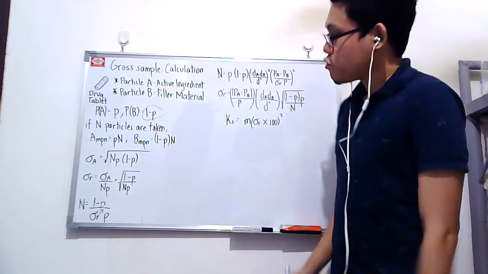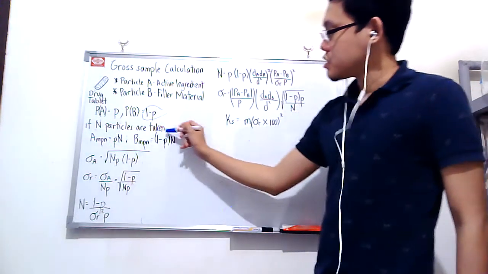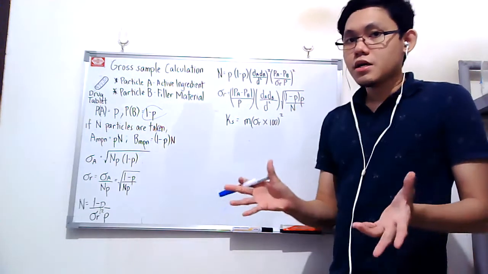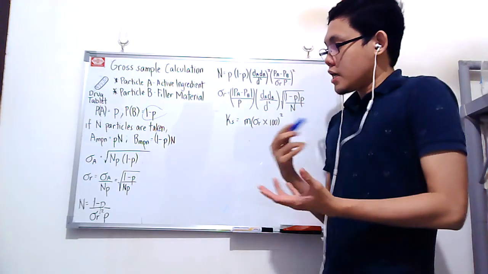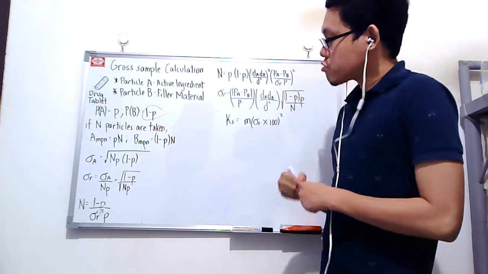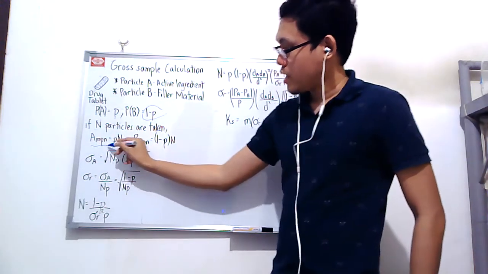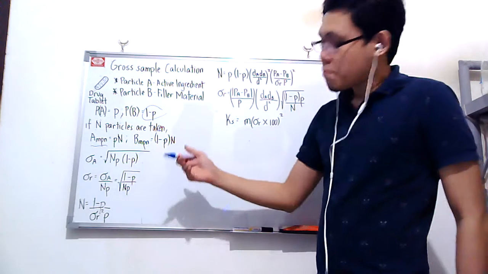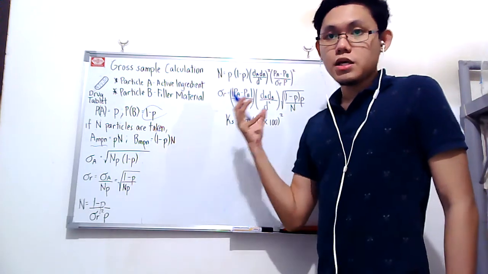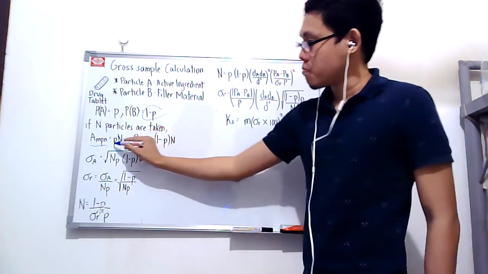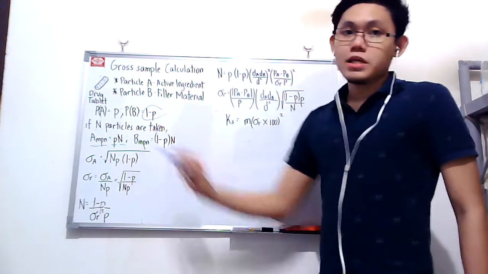So now, if you take n particles, you can get the most probable number of A, so A = np, by multiplying your probability of finding A, which is equal to p, by the number of particles.